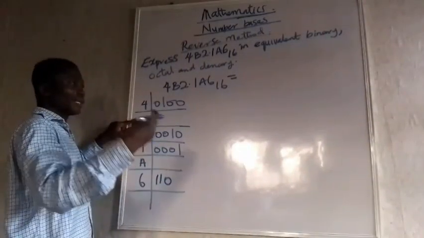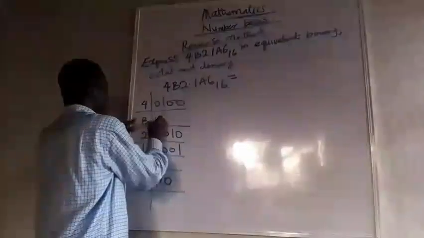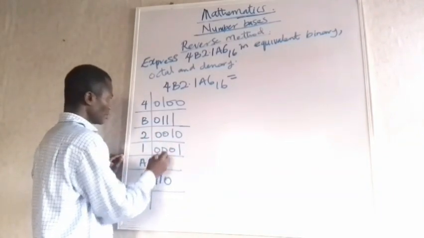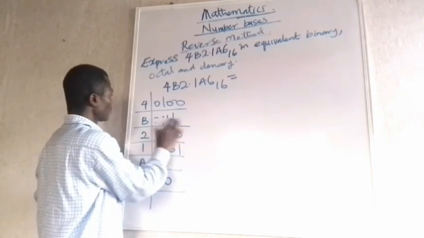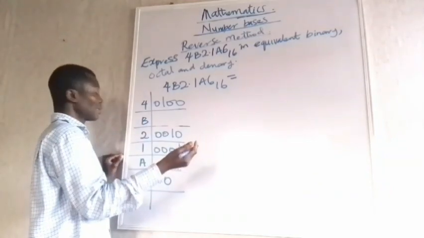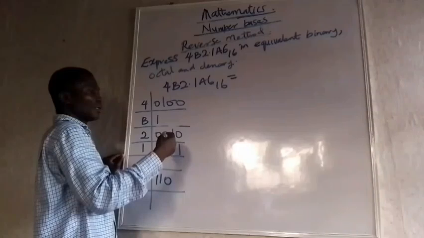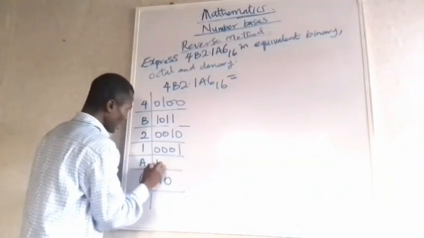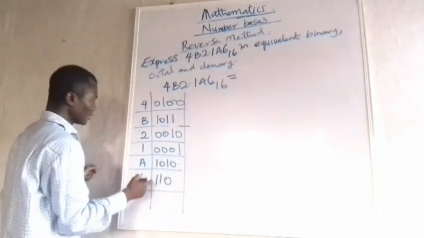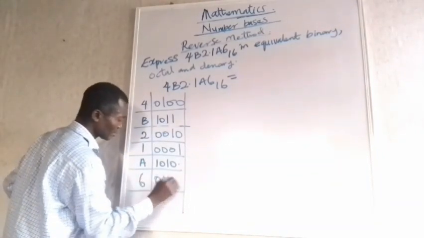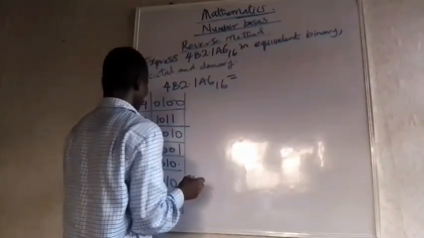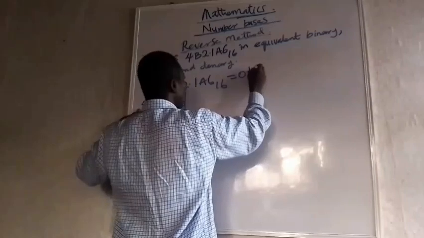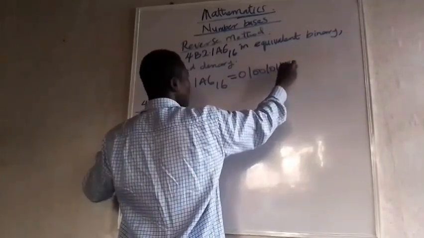And that is 8 plus 3. So it will be 0, 1, 0, 0, 1, 0, 1, 1, 0, 0, 1, 0.